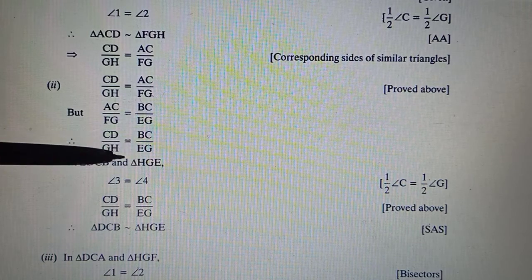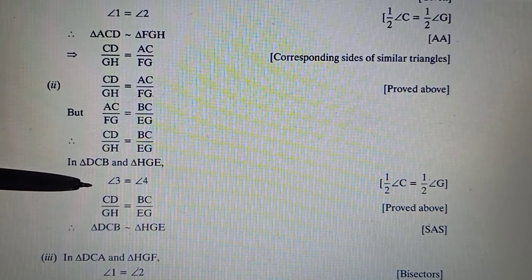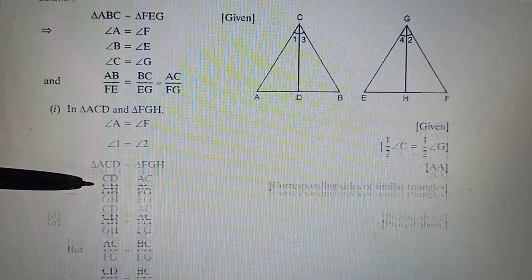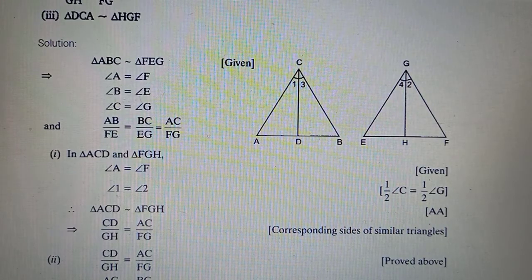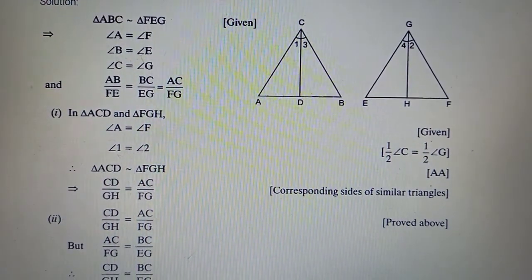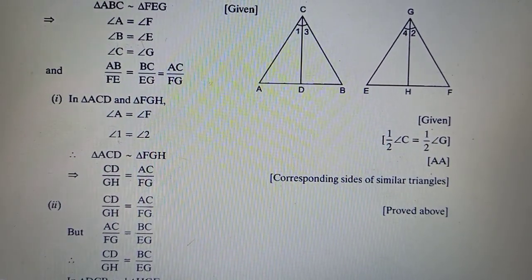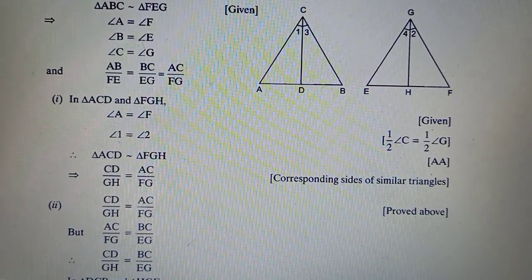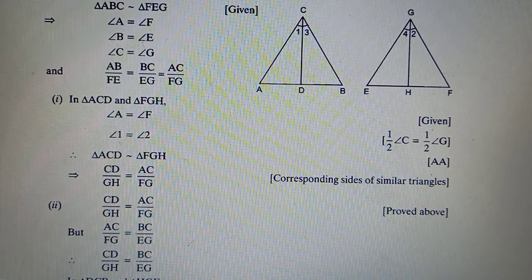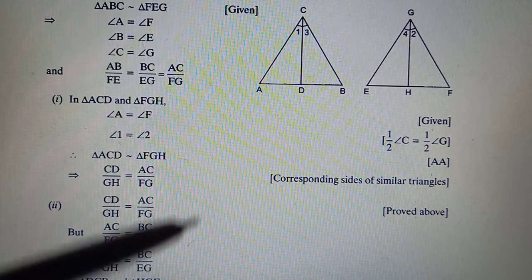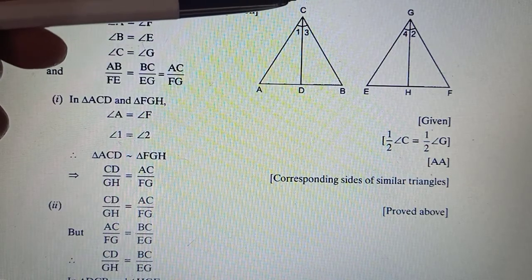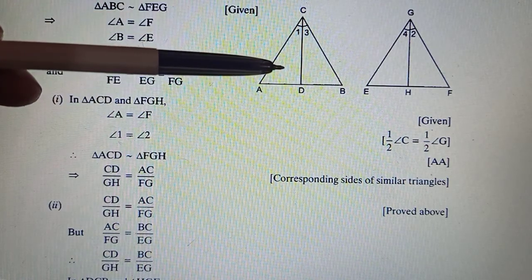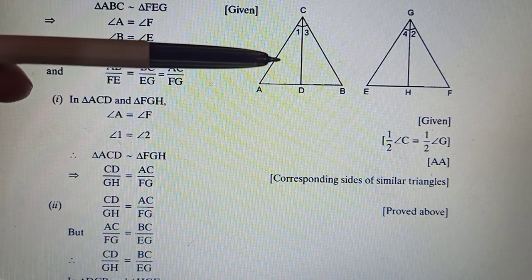Now these are corresponding sides of the triangles that we now need to prove similar. See, let's go back to the figure. Okay, so from this figure you can clearly see that we had to prove triangle DCB. So you have triangle DCB here. This we have to prove similar to HGE.